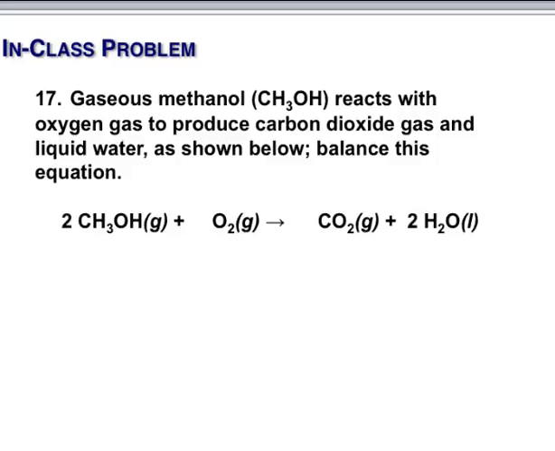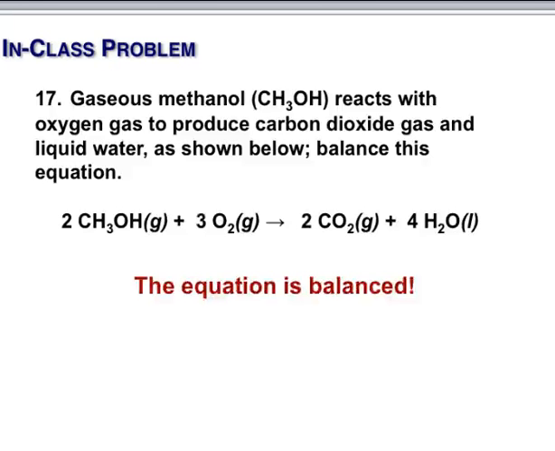We now have 8 hydrogens here, only 4 here, so let's fix that. If we have 2 methanols, we're going to get 2 CO2s. And finally, we just look and see how many oxygens we need. And that turns out to be 6 more, because we have 2. 6 more gives us the same thing here, and we're balanced.